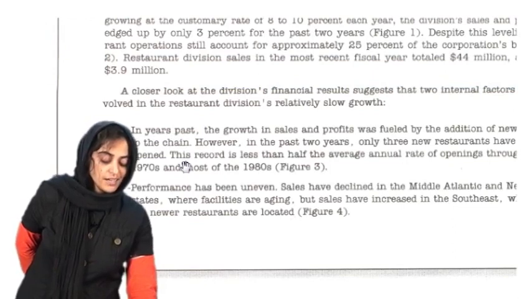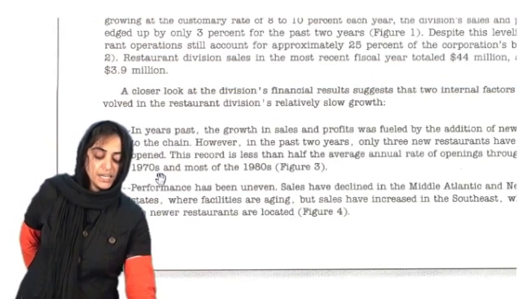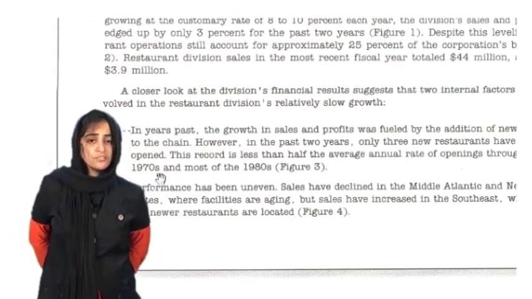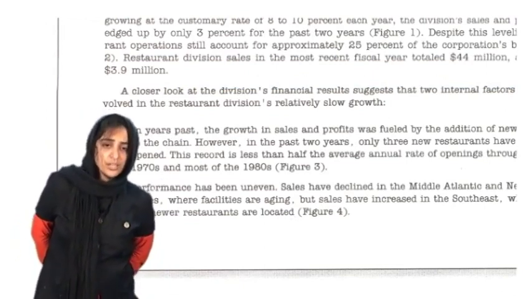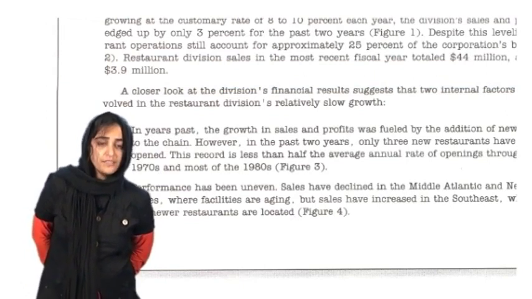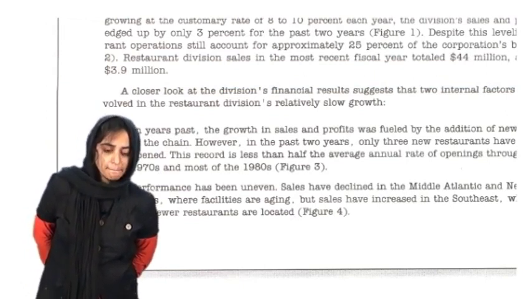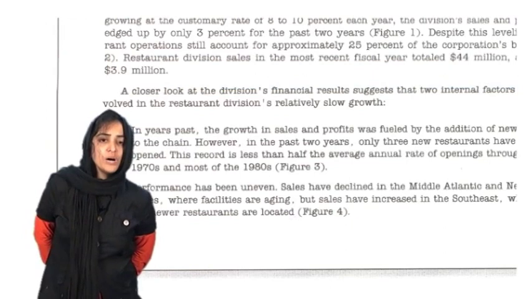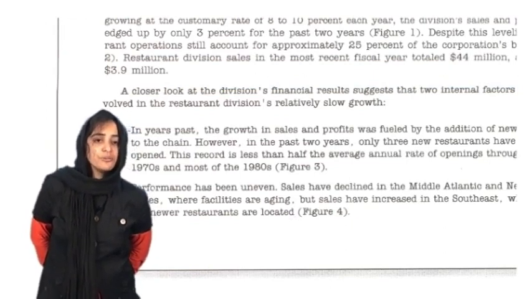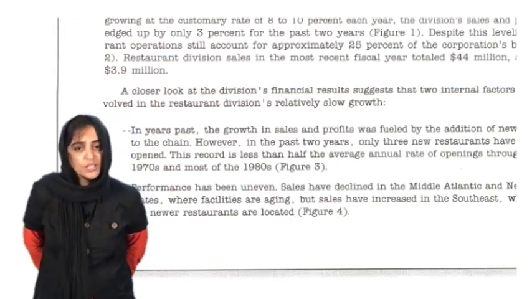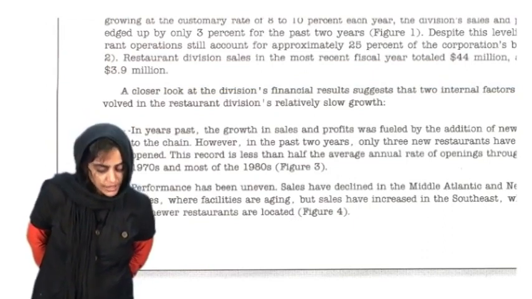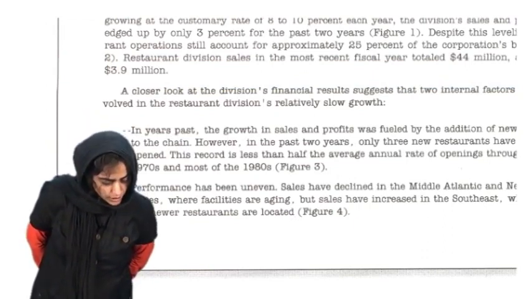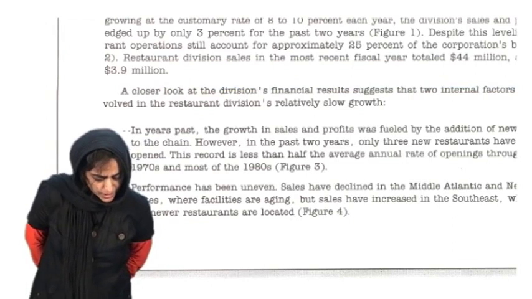This record is less than half the average annual rate of opening throughout the 1970s and most of the 1980s. The first reason he has given is that in the past the rate of opening new outlets was 8 to 10%, whereas in the last 2 years it reduced to only 2%, I suppose.